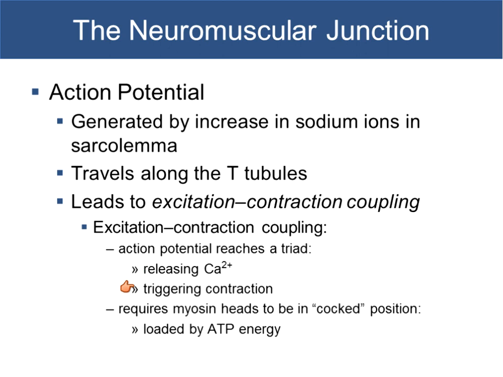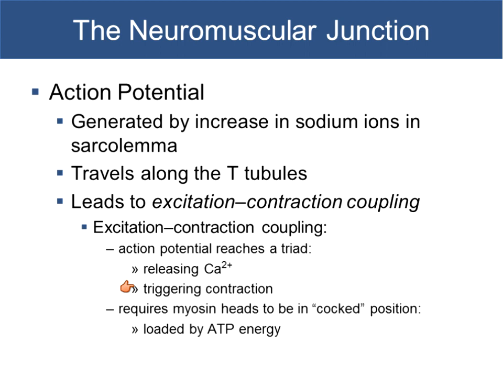Now, we all know that where it says triggering a contraction, there's a lot that happens in that part, right? Because we understand that when calcium is released, it binds to troponin, causes tropomyosin to roll over, and exposes the active sites on the G protein, F actin, G actin, whatever you want to call it.